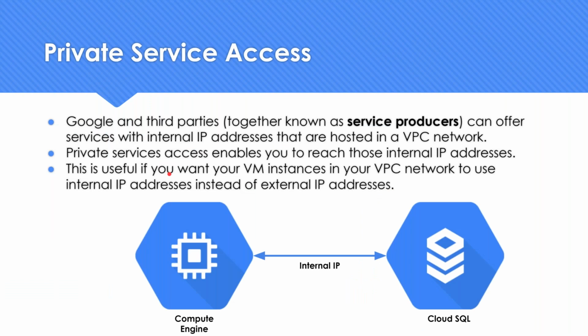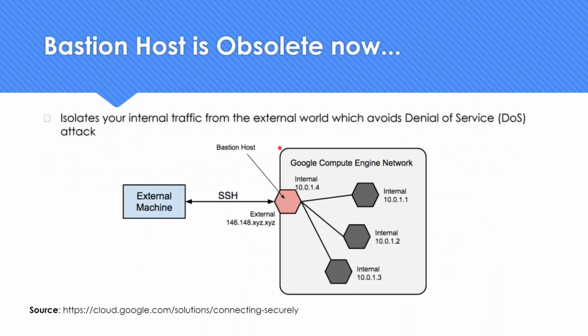Now, we are becoming very used to private IPs. The demo I did in the past may look slightly contradicting, but at least in GCP, you can remove the concept of a bastion host.